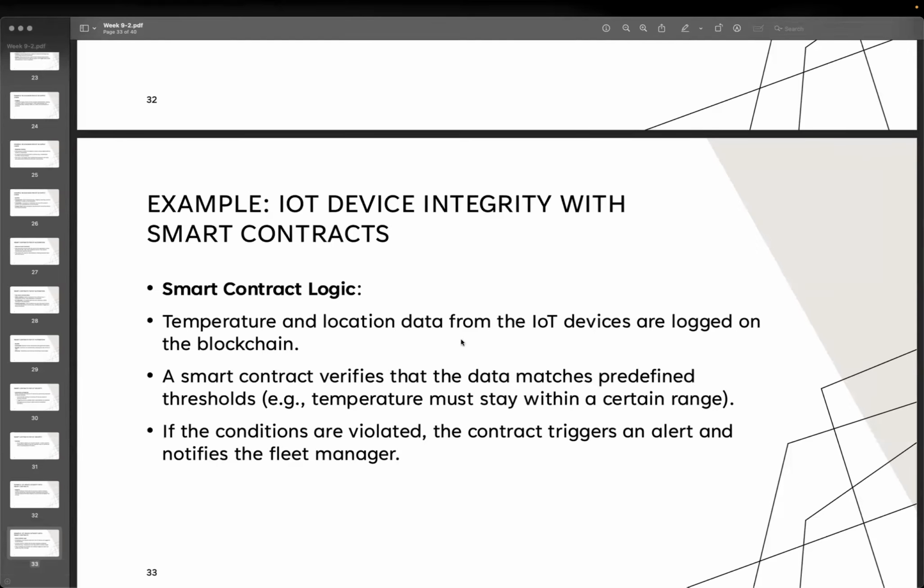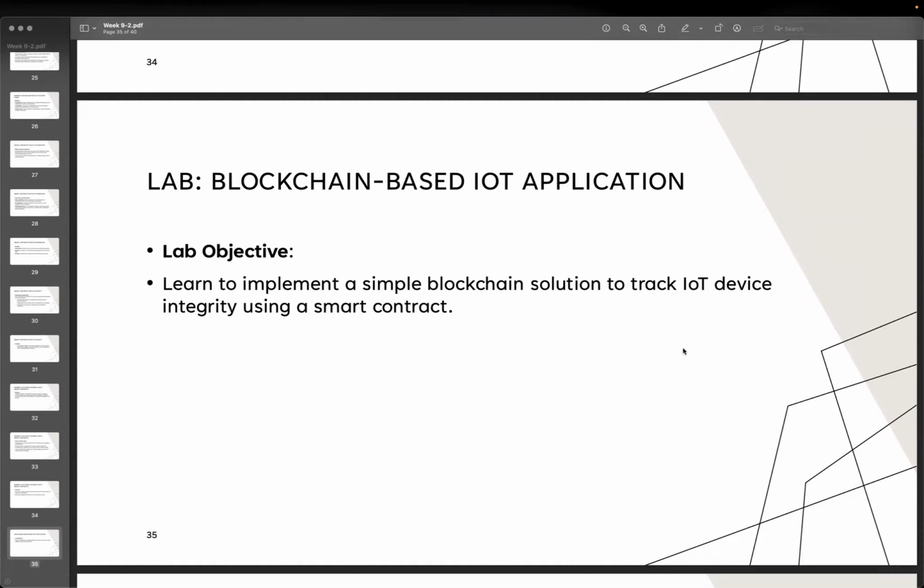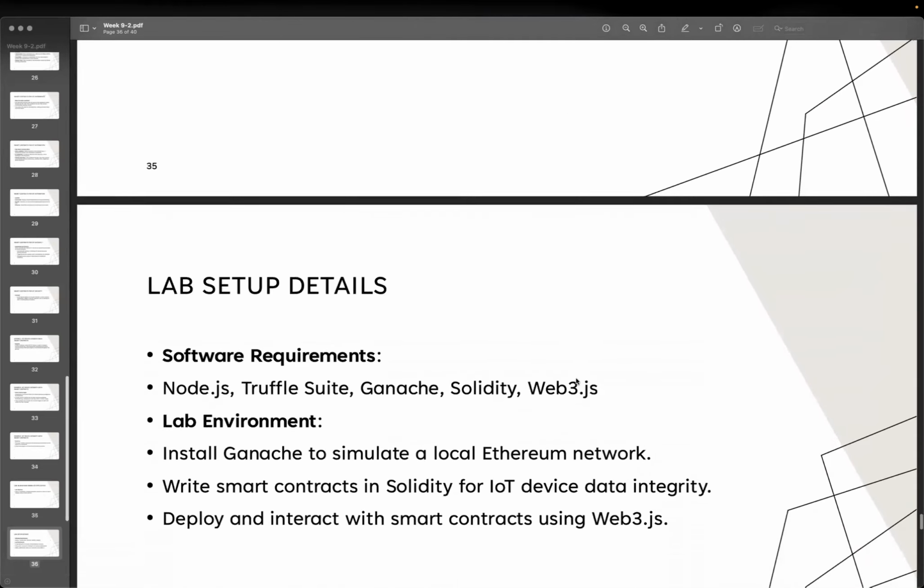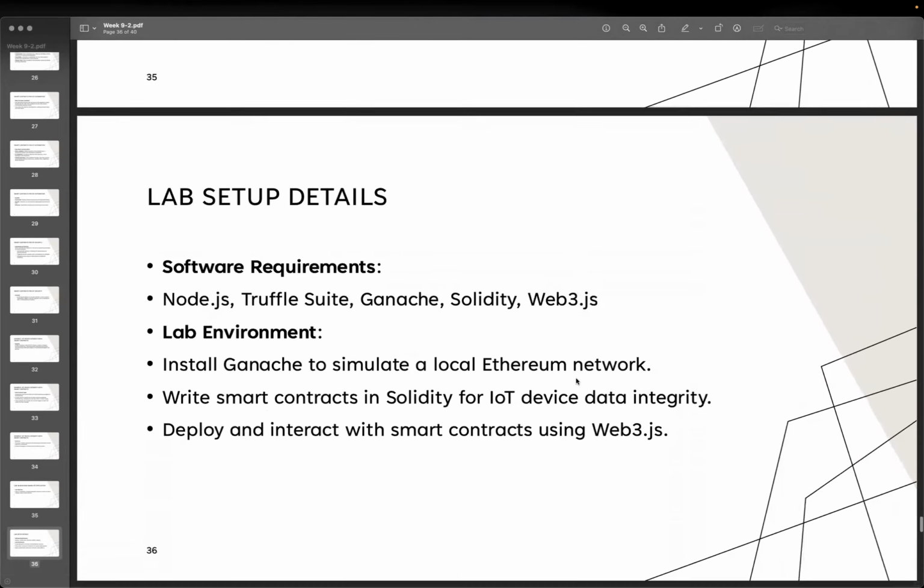So that's it for this part. And as for the last part, using blockchain for IoT applications, how can we implement it? If we're interested, the tools involved are Node.js, Ethereum, Solidity, and Web3.js, which you can install.